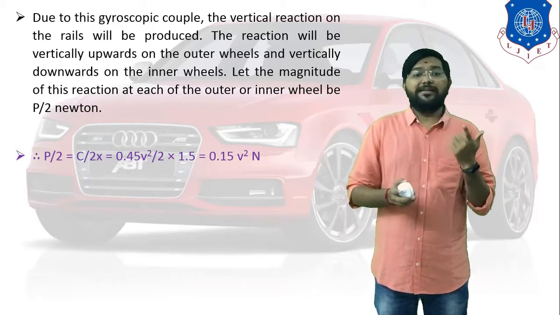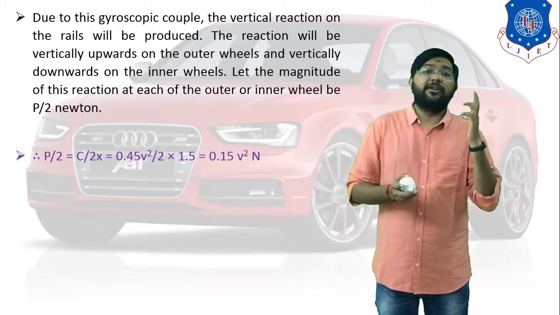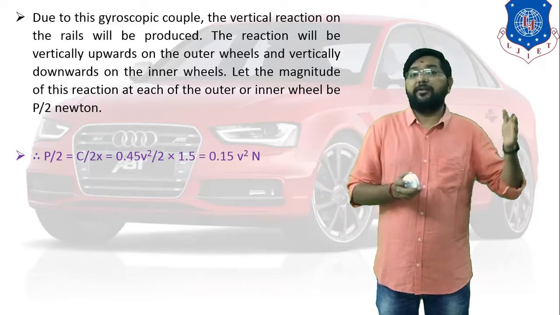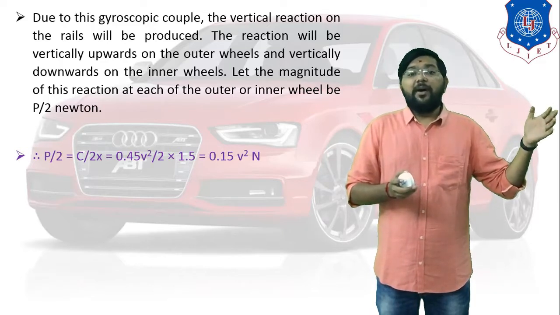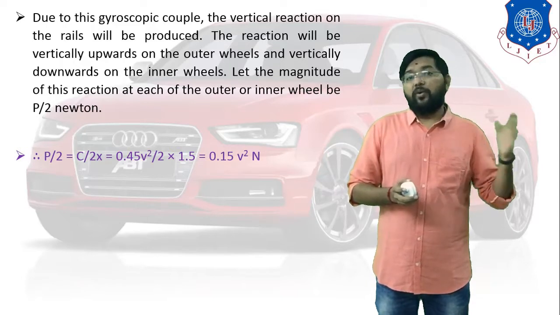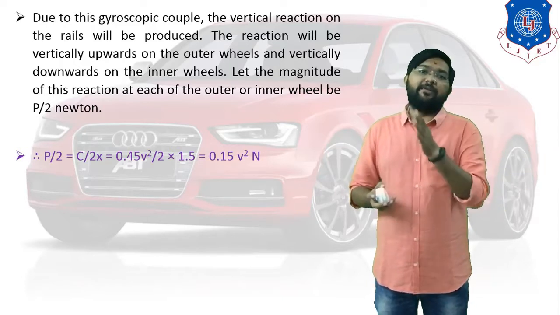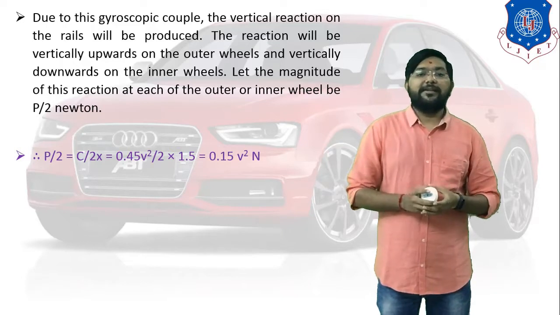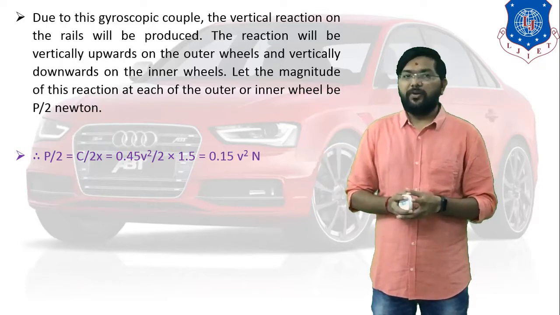Now we all know that P by 2 is the reaction of each wheel, the vertical reaction due to centrifugal force. Now put this value over here, then it is C upon 2x. Now C indicates the total gyroscopic couple, x indicates the width of track. Put this value over here and you get the answer, that is 0.15 V square Newton.